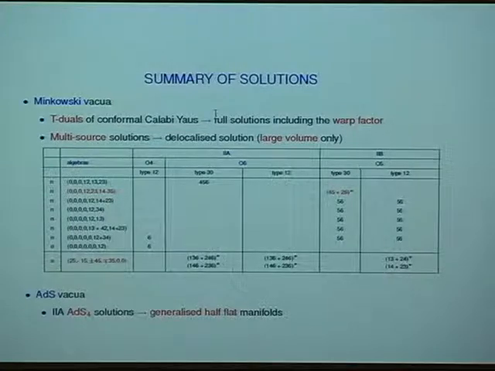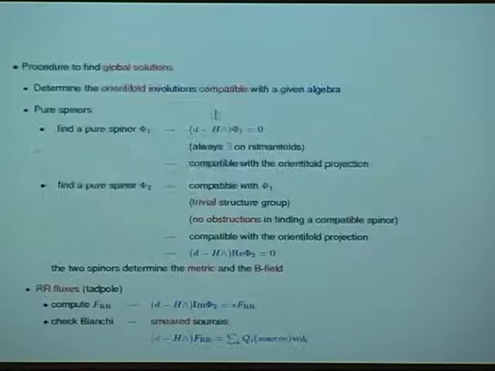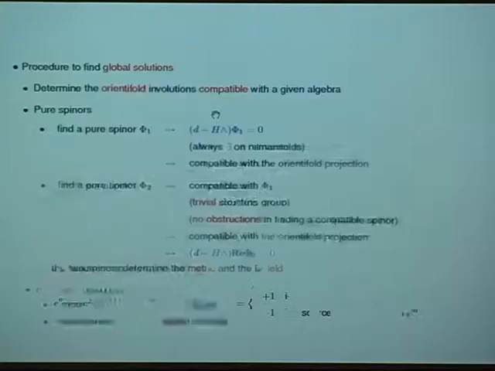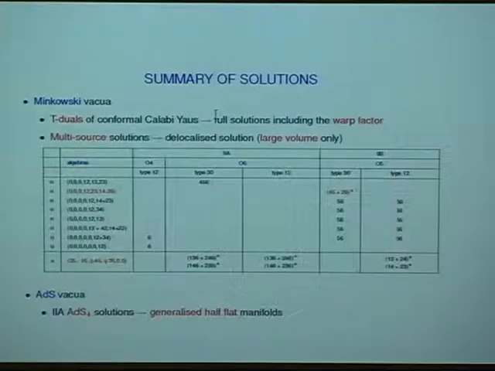Then we find the truly new solutions, which we call multi-source solutions. They correspond to the smeared sources, in the sense that, as I said before, we take the large volume limit. Basically, our Bianchi identity now is not really the local Bianchi identity, but we assume to smear all our sources in the transverse directions.